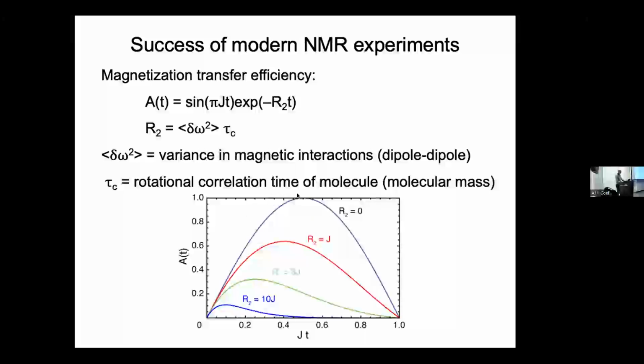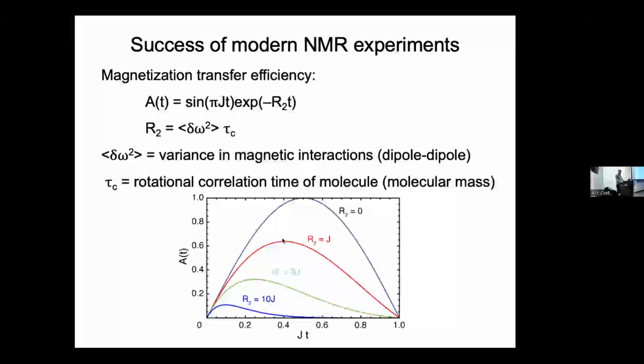I can transfer all the magnetization and set my delay to 1 over 2J, and all the coherence is transferred. On the other hand, if R2 gets to be the size of J, then the optimal time for transfer shifts to shorter times, and I can't transfer as much magnetization.